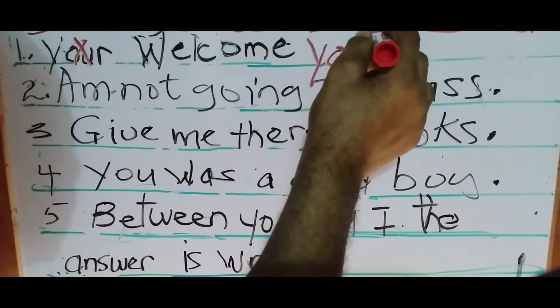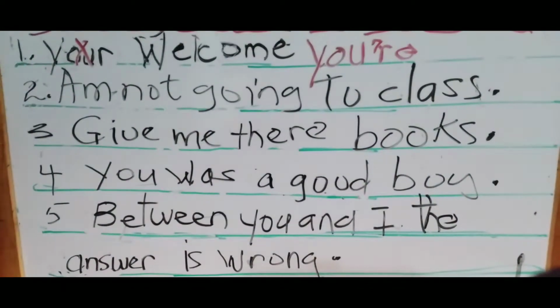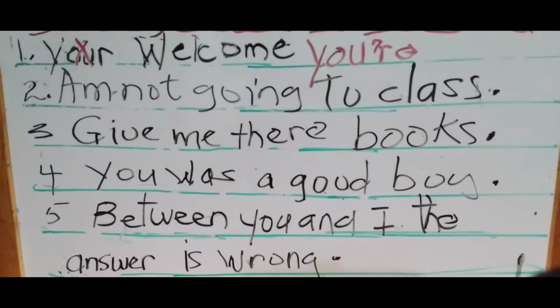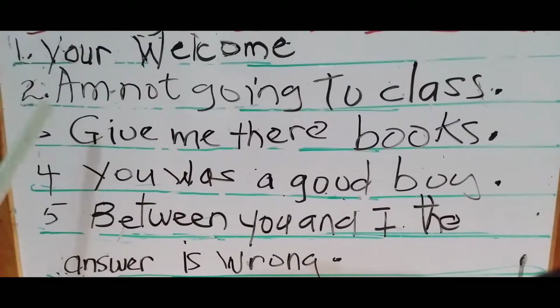So this is a contraction. The correct thing to have is "you're welcome," which actually means "you are welcome." So "your" there is incorrect. Many people often confuse them. Y-O-U apostrophe R-E, which is "you are" contracted, and Y-O-U-R sound the same way. So many people confuse them.